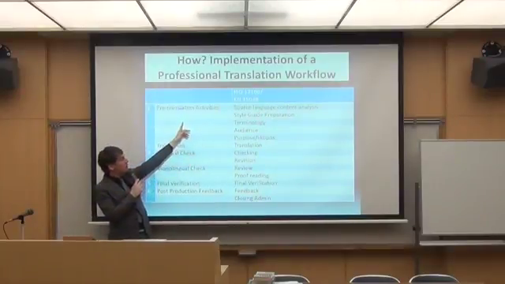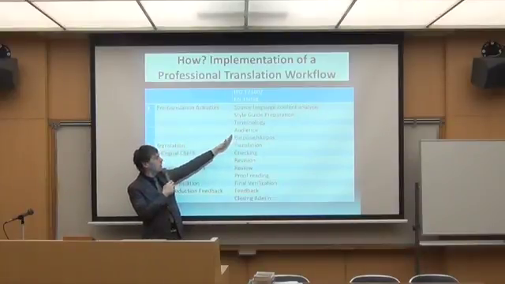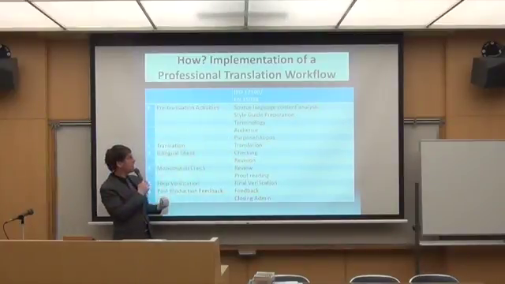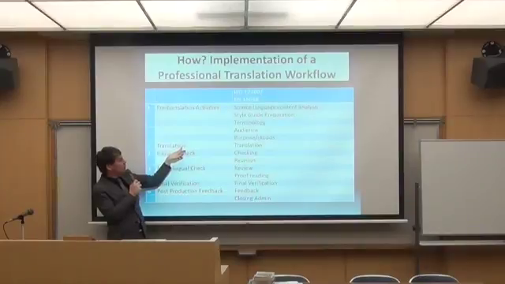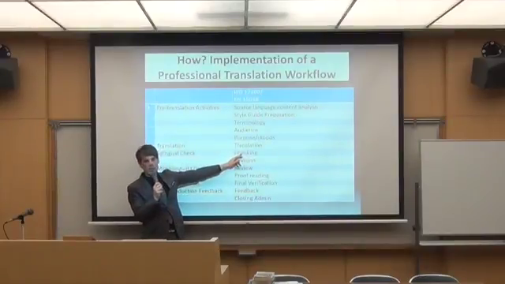Analyze the content, the source text, prepare a style guide, check terminology, decide who the audience is, and the purpose, the scope of the actual translation. With this one, the translation and first checking phase is done by the same person.